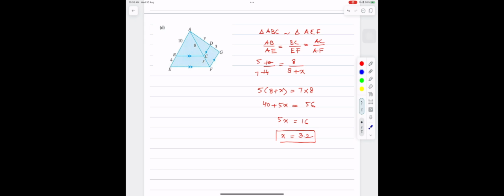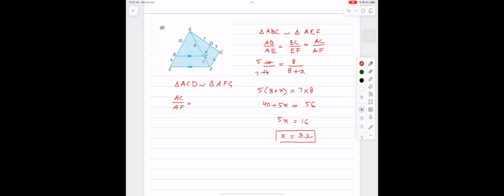Again, CD and FG are parallel lines, so we can use these two triangles. Triangle ACD is similar to triangle AFG. And now you can apply the property of similarity.